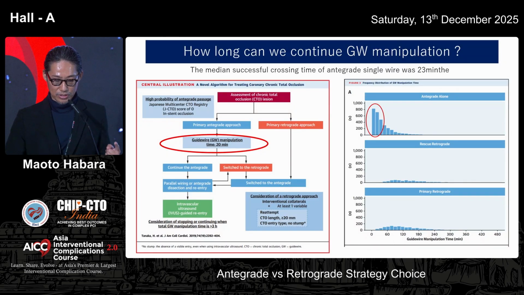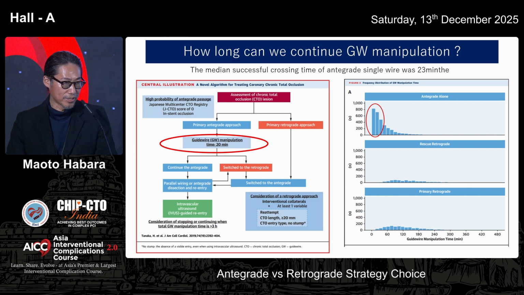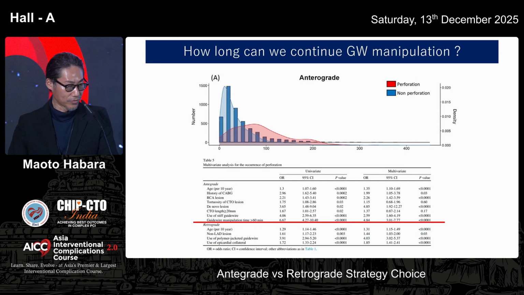Antegrade puncture is difficult. So when do we change to the retrograde approach as a rescue? This is a paper from Japan. With more than 20 minutes of antegrade wiring, it frequently failed. And long antegrade procedures are associated with vessel perforation.